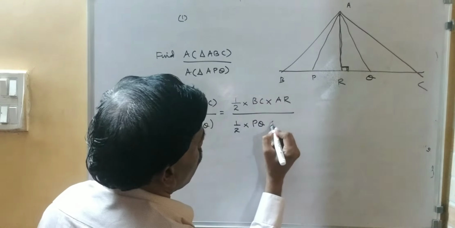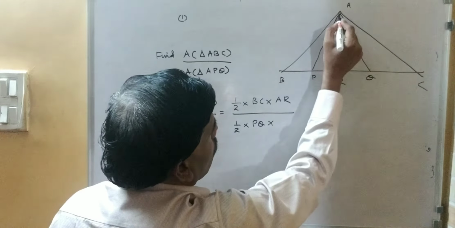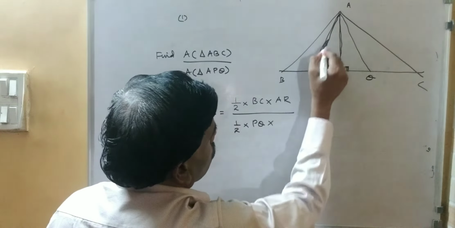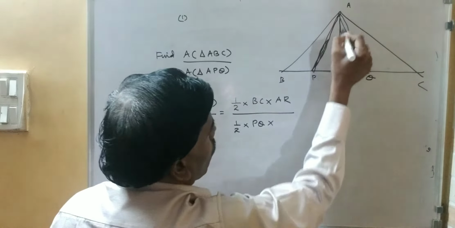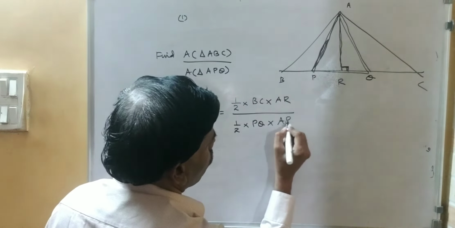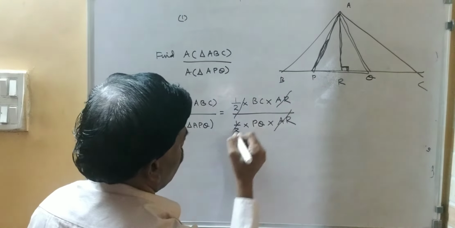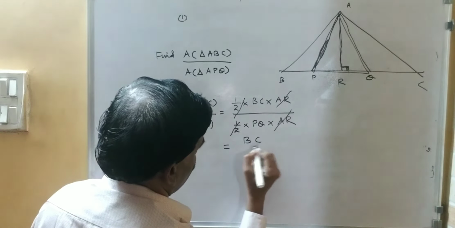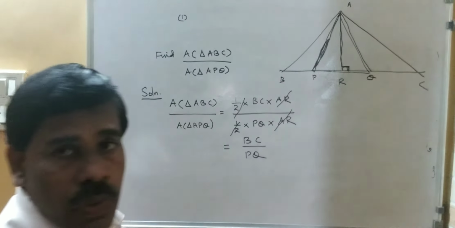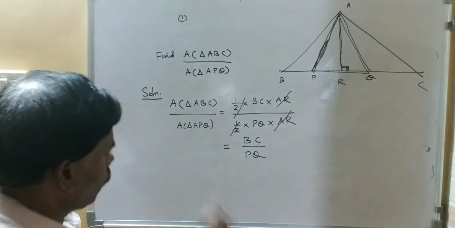PQ. What is the height of this triangle? Again AR. So this is the answer.